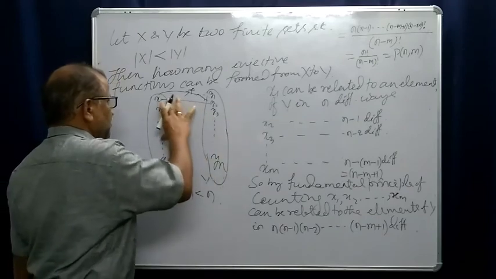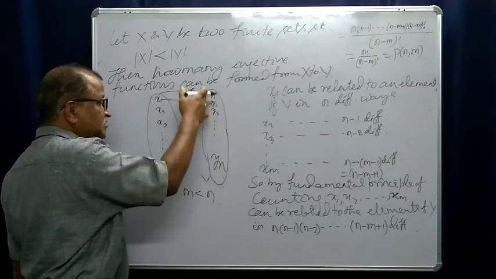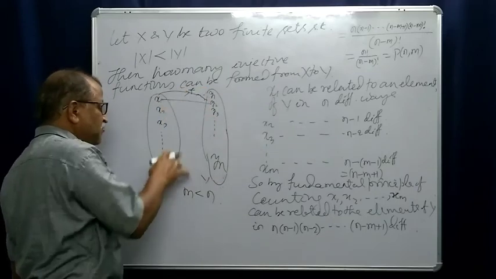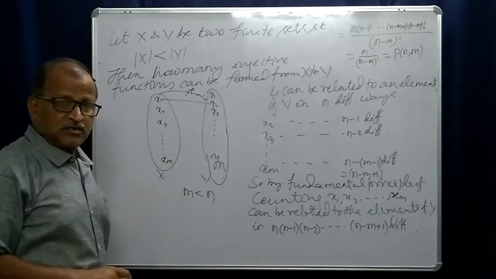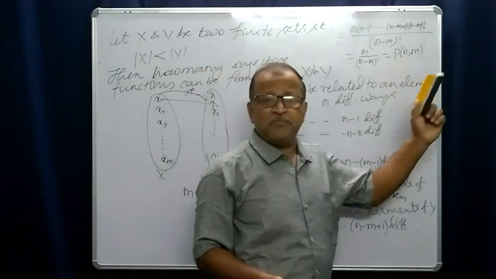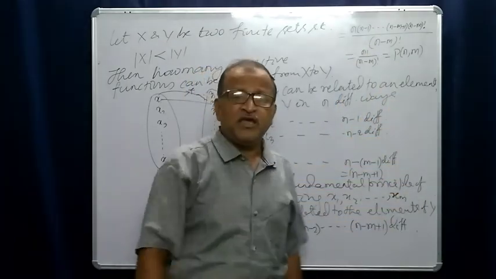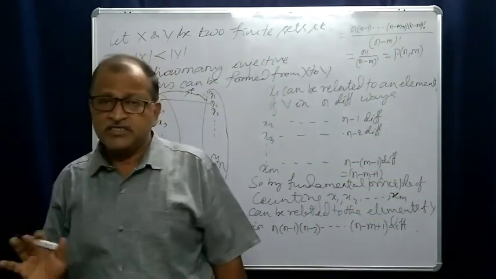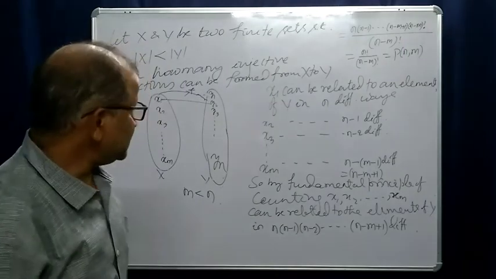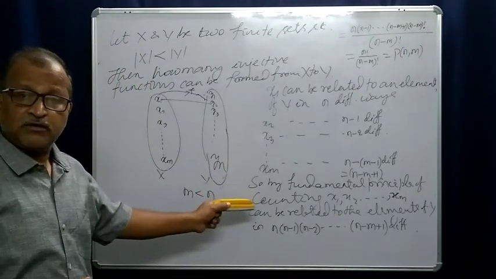Simply, you have m places in a row. You have to arrange these n objects in m places. In how many different ways? It is P(n, m). The formula is this: n factorial by n minus m factorial. This is the number of injective functions that can be made from x to y.